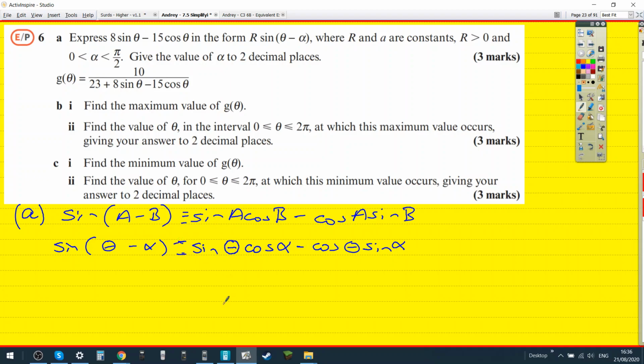And so would that then turn into cos alpha equals 8 and sine alpha equals minus 15? They both have minus, so it's just 15. Okay, yep. And then I need to do arctan of 15 over 8 to get alpha. Yep.